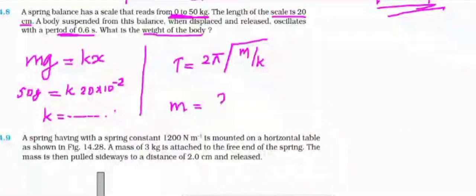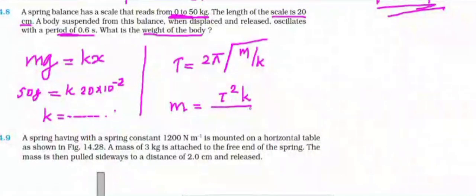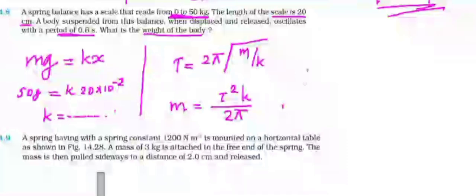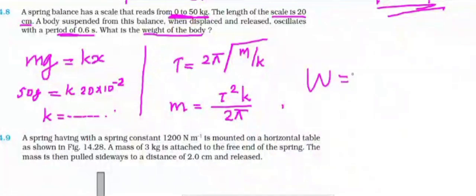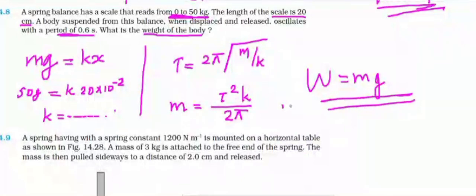M is equal to t square k divided by 2 pi whole square. So you get the value of m. Once you get the value of m, you are asked to calculate the weight of the body, that is mg. Weight of the body, mg.